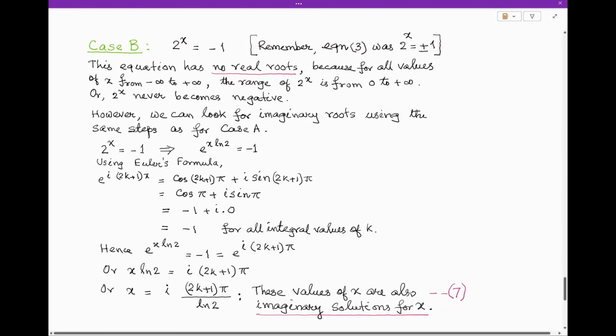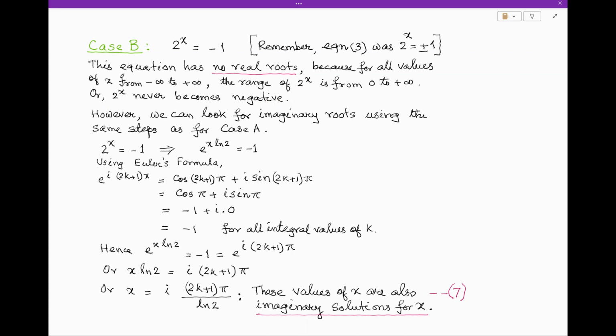Remember, equation 3 was 2 to the power of x is equal to plus minus 1. This equation has no real roots, because for all values of x from minus infinity to plus infinity, the range of 2 to the power of x is from 0 to plus infinity, so 2 to the power of x never becomes negative.